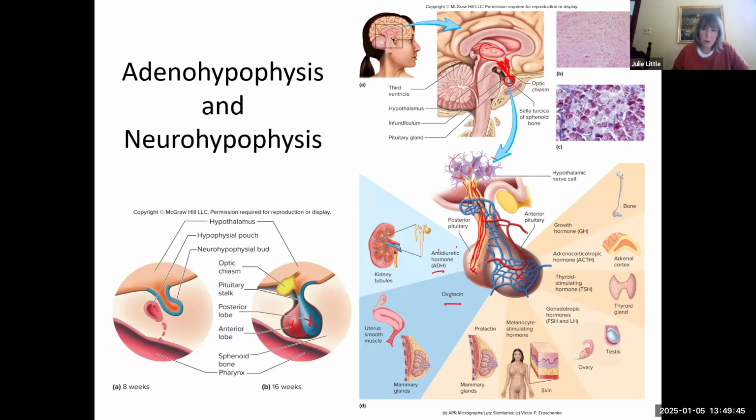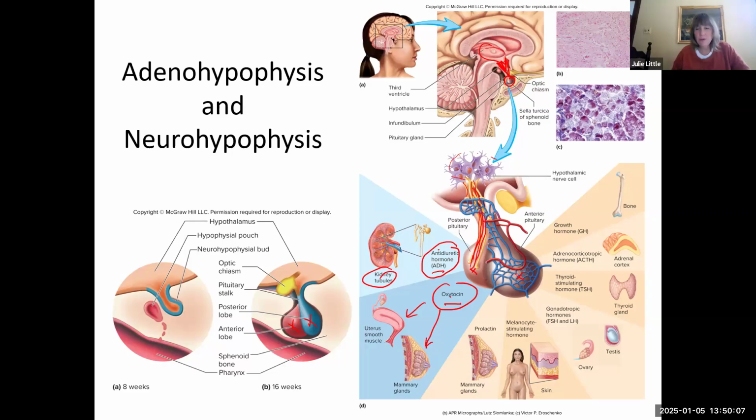Okay, here are two posterior pituitary hormones, and we'll go through them individually, but this shows you the organs they affect. The antidiuretic hormone affects the kidney tubules, and oxytocin affects the uterus for childbirth, and the breast for something called a letdown reflex.